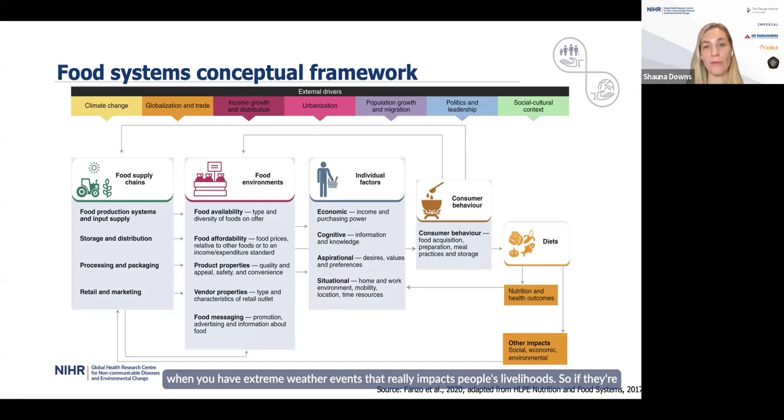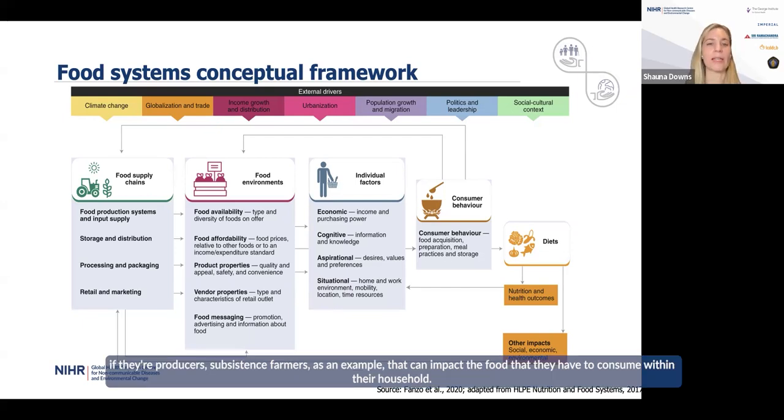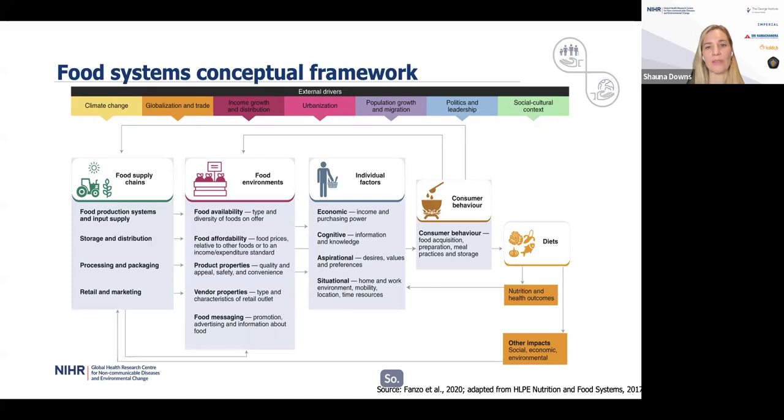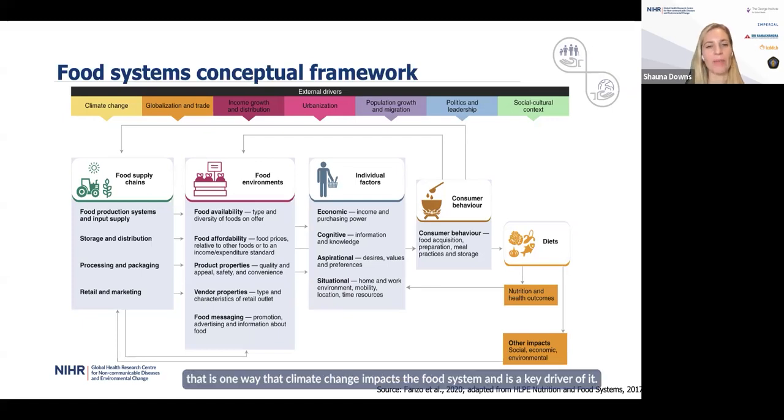If they're producers, subsistence farmers as an example, that can impact the food that they have to consume within their household, but also the income that they have, because subsistence farmers generally sell part of their crop so that they can buy other foods that they're not producing. So that is one way that climate change impacts the food system and is a key driver of it.